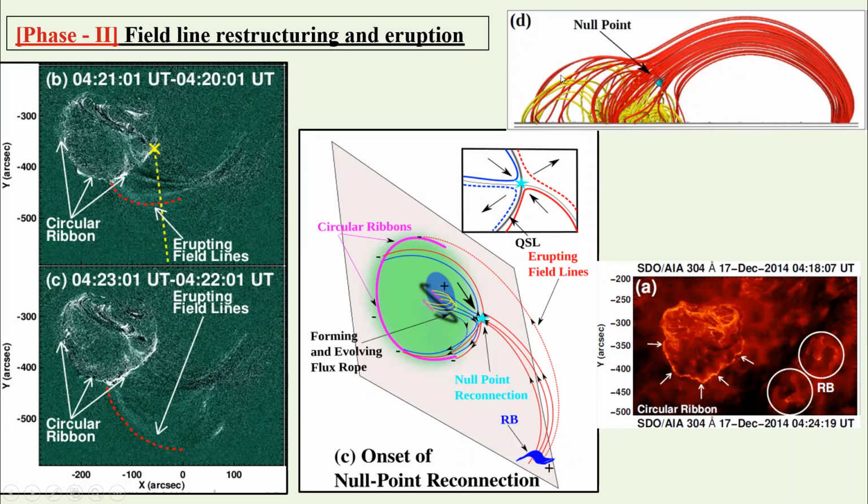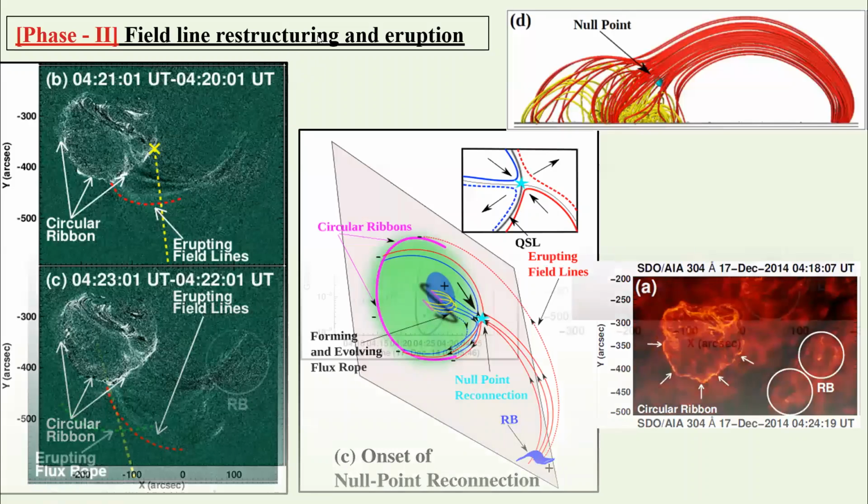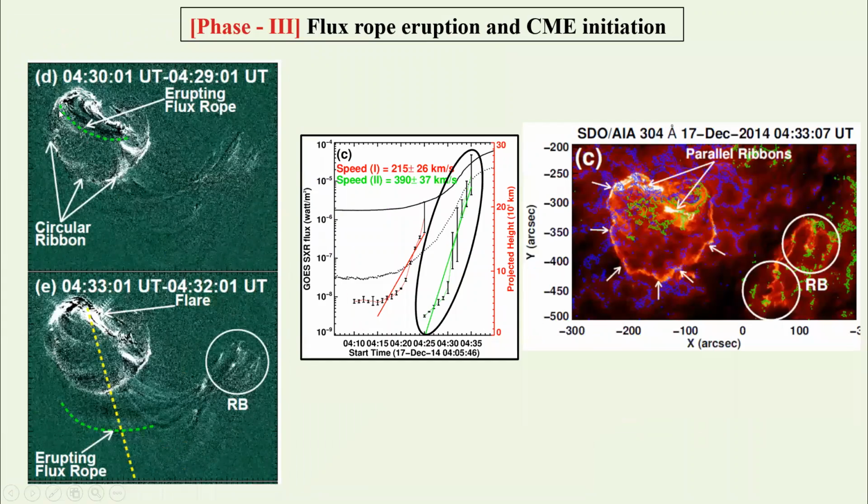Here I have plotted some figures just to compare our observation with the schematic. Now there is a phase 3 also. Interestingly, a few minutes later, we found another eruption from the innermost part of the fan.